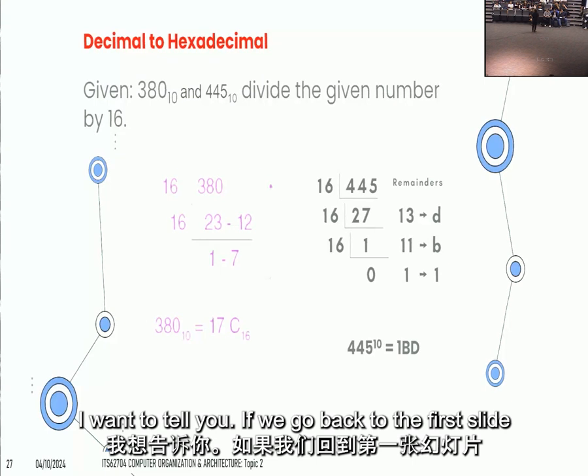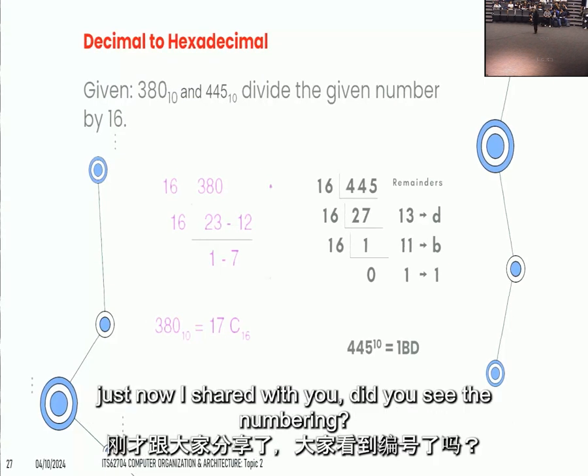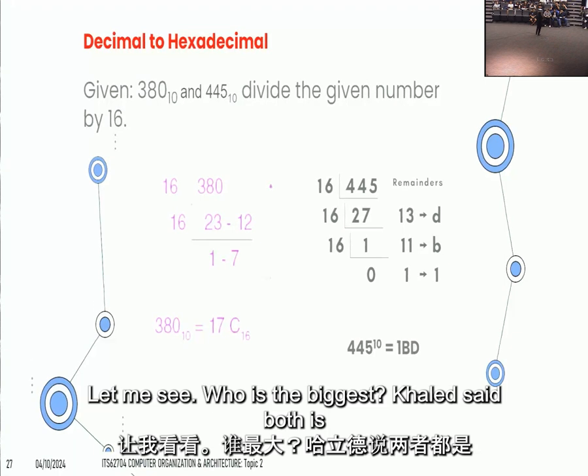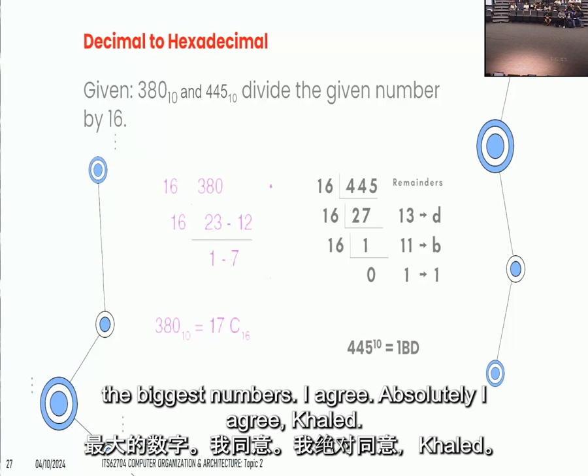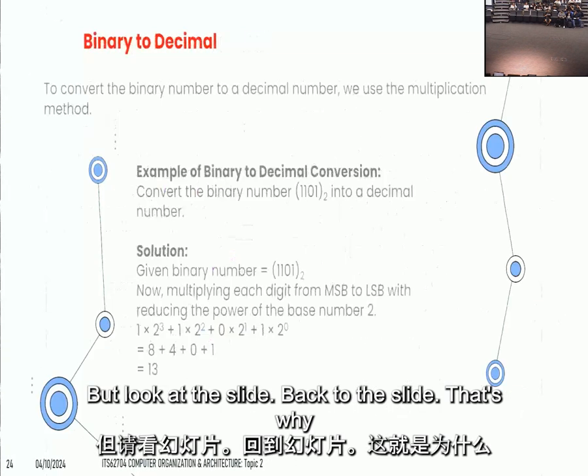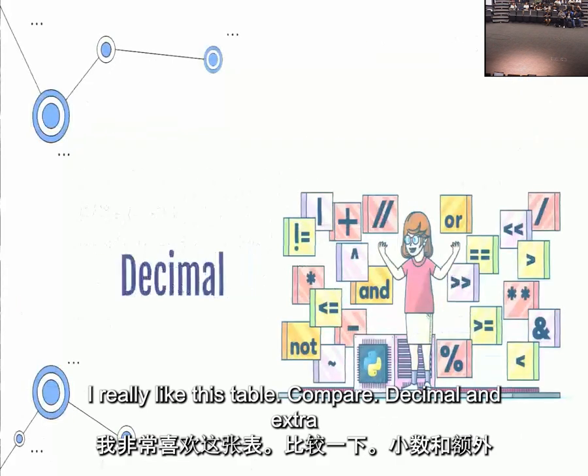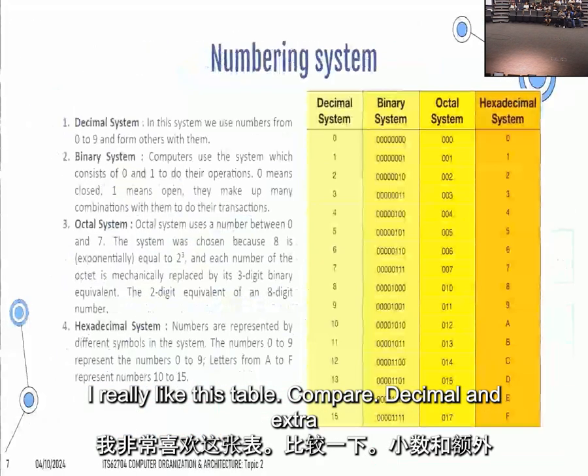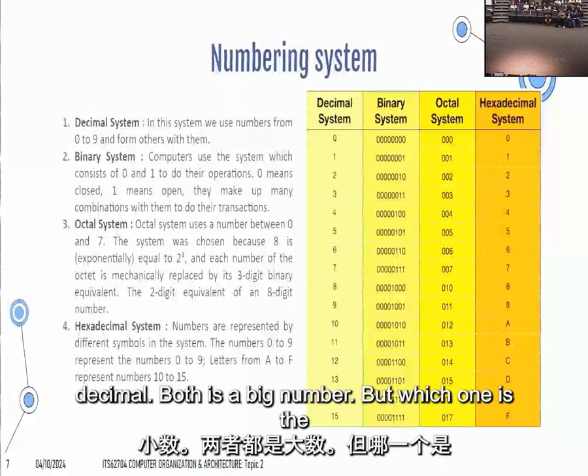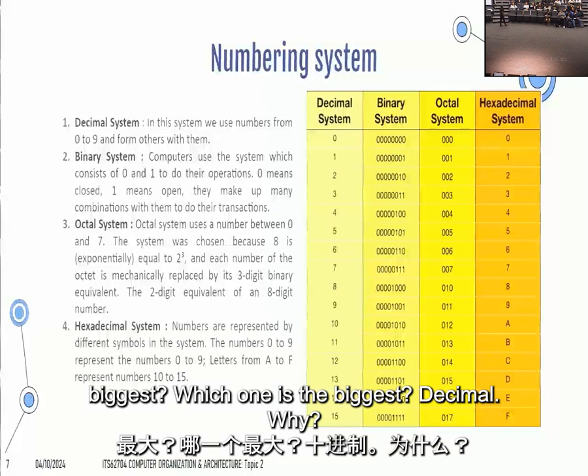I want to tell you. If we go back to the first slide I shared with you, did you see the numbering? Let me see. Who is the biggest? Khalid said both are the biggest numbers. I agreed. Absolutely, I agreed, Khalid. But look at the slide. That's why I really like this table. Compare decimal and hexadecimal. Both are big numbers. But which one is the biggest?